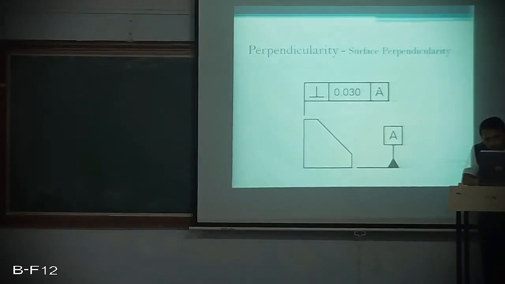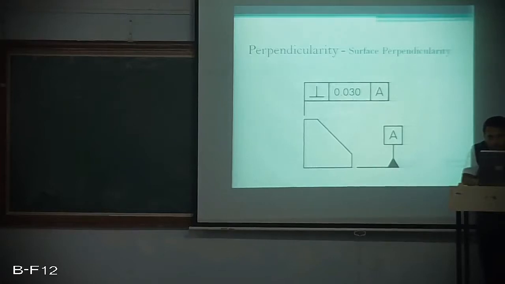The surface A, what I am taking reference, is nothing but what we need to represent in the diagram as datum. Hence, this surface is represented as datum. That means this surface has to be perpendicular with this surface. If it is not perpendicular, then the variation must be within 0.030.